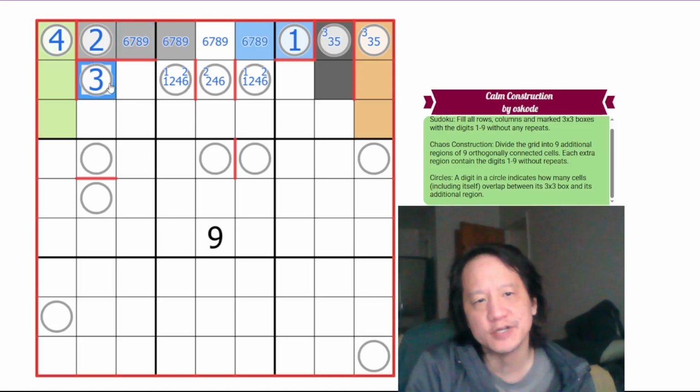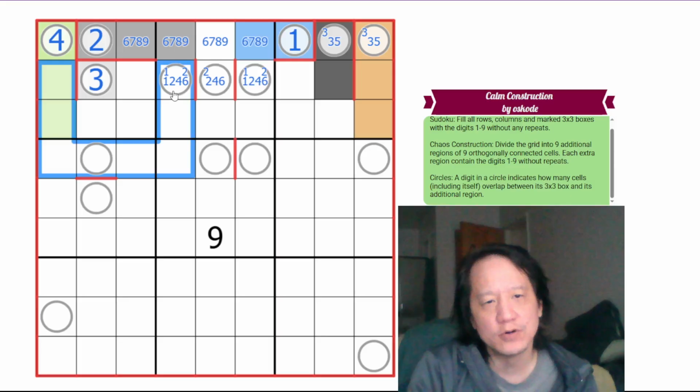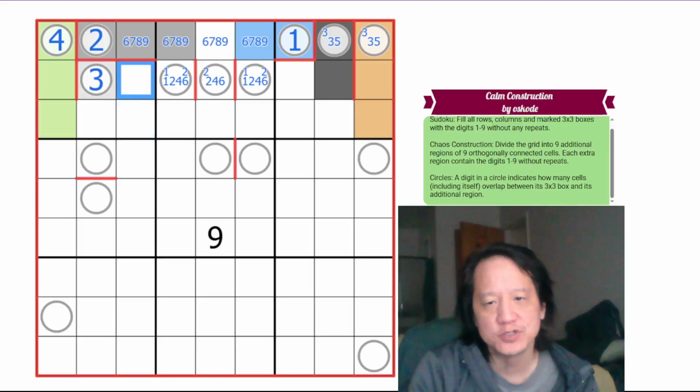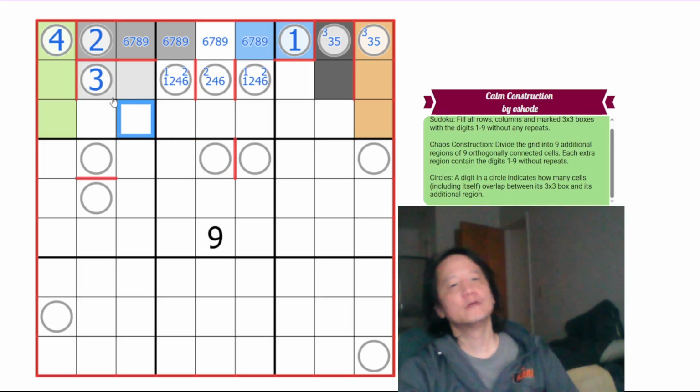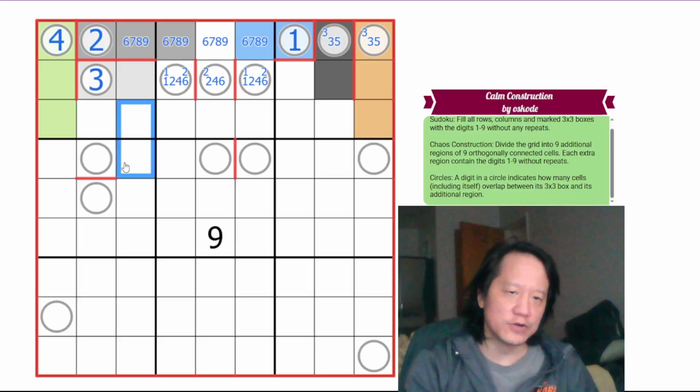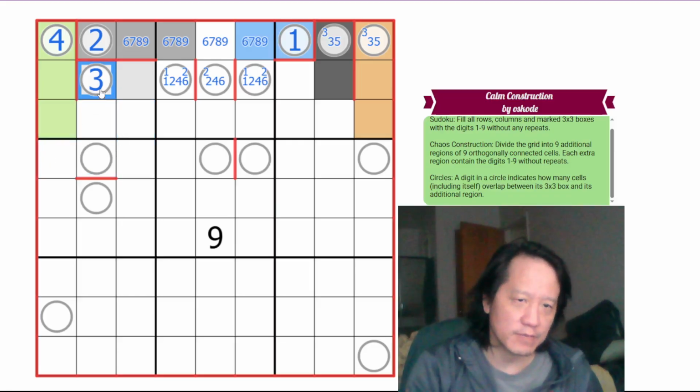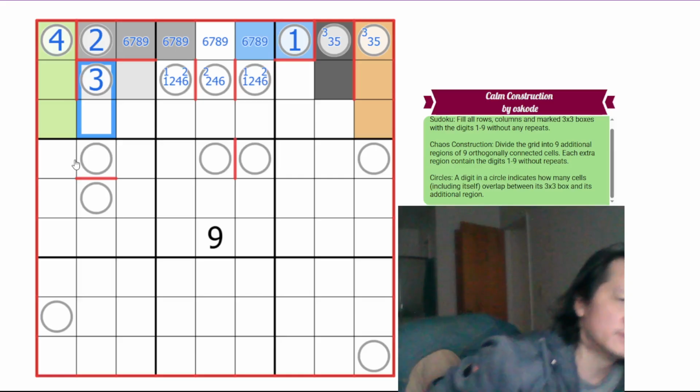This has 3. Can it ever go all the way around here for the green? And the answer is no, because then it would block the light as a region. So this must be light. Technically could go green here and then light here. That is possible.